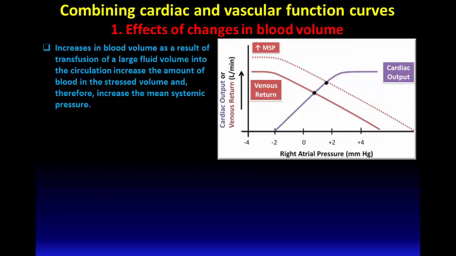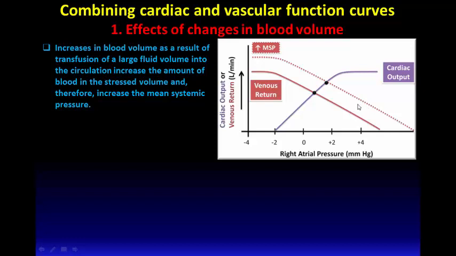Now let's describe the effects of changes in blood volume on the combined cardiac function and venous return curves. Increases in blood volume as a result of transfusion of a large fluid volume into the circulation increase the amount of blood in the stressed volume, as we described earlier in the lecture, and hence the mean systemic pressure, the mean circulatory pressure, increases.